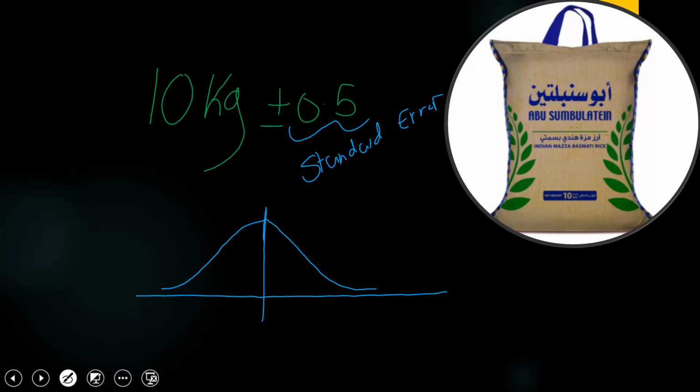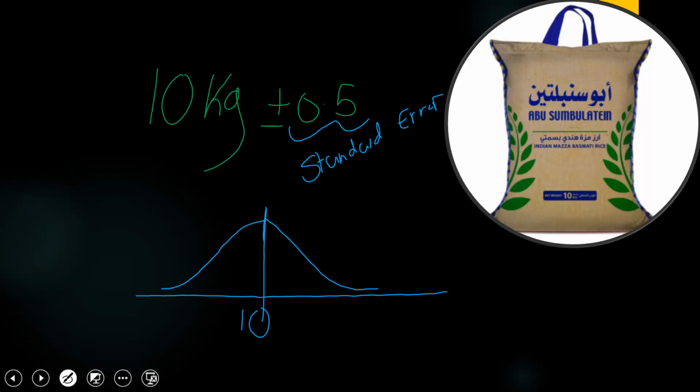They will say that the mean or the average of all the bags must be 10. But as we know, our life is not ideal. It's not perfect. Sometimes we find 10.1, sometimes 10.2, sometimes 9.8. Shall I reject all of these rice bags?